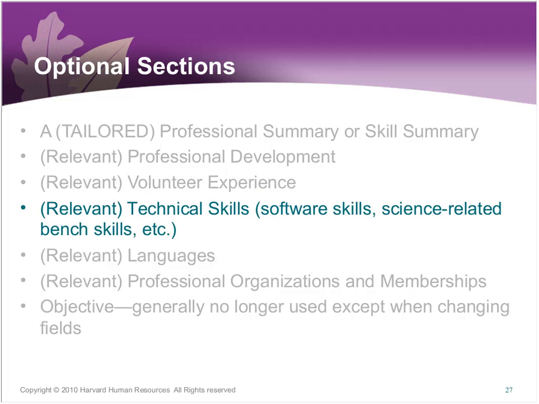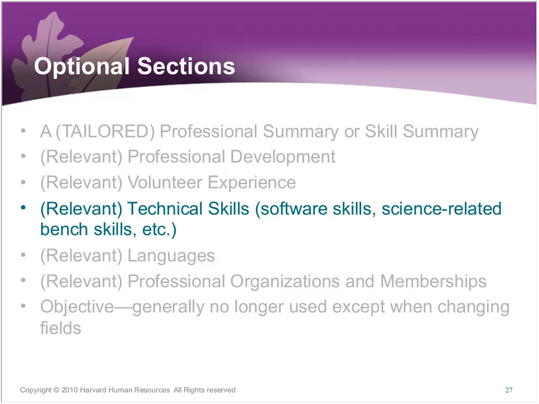Technical skills. Now this is an interesting category because you can in fact include your technical skills in that skill summary section that we just talked about if they're really going to be critical to the job.